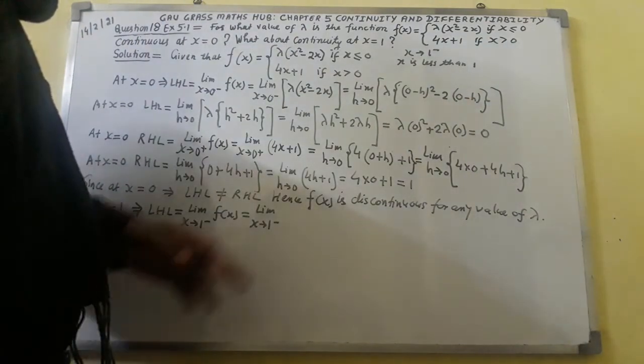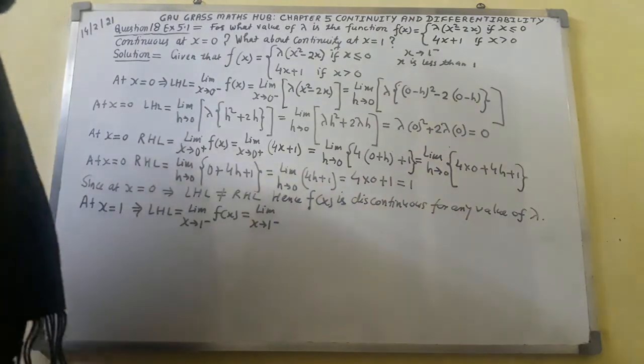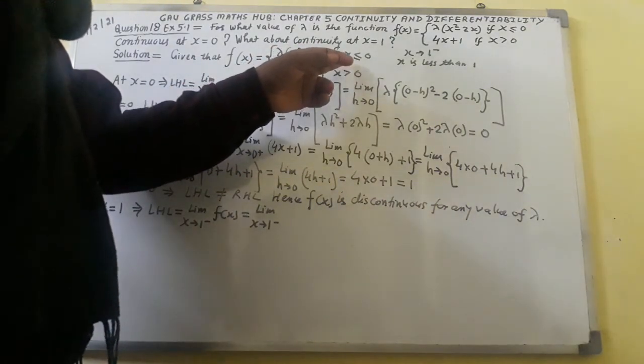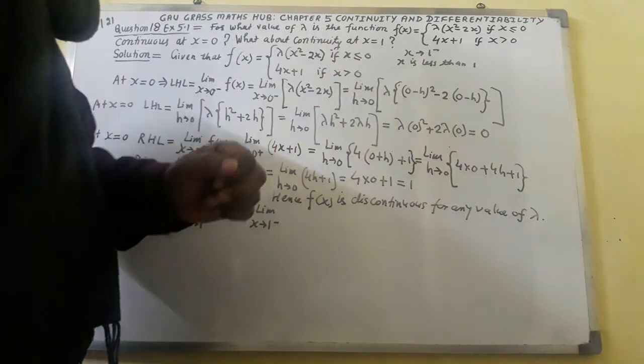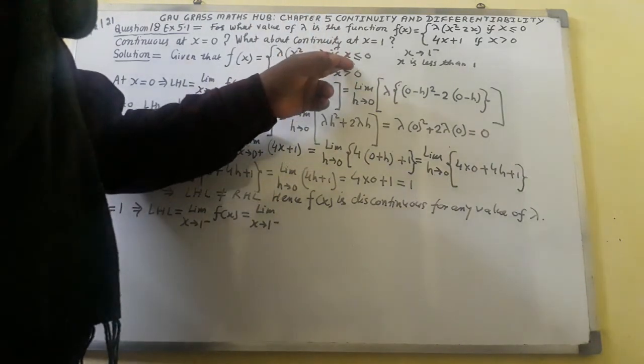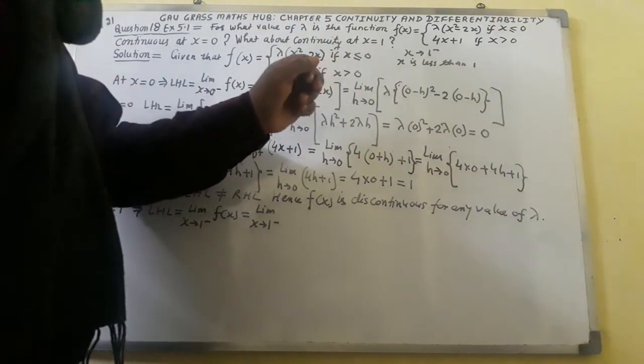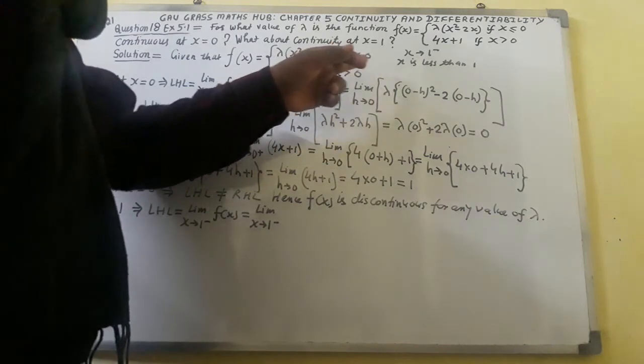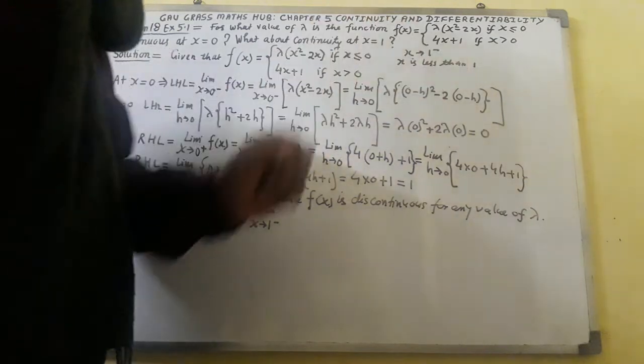So here you can see, in the first function x is equal to 0 or x is less than 0. But here x is less than 1.